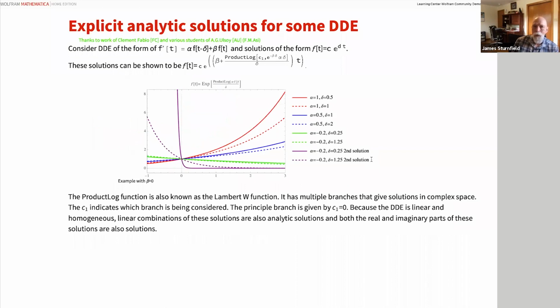There are analytic solutions to some DDEs. These analytic solutions in particular are found for all linear homogeneous type things. They involve something called the product log, which is a special function in Mathematica. It's also known as a Lambert W function, and that's usually the way it's referred to in the literature.